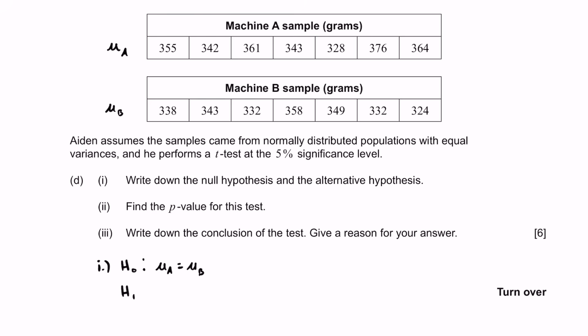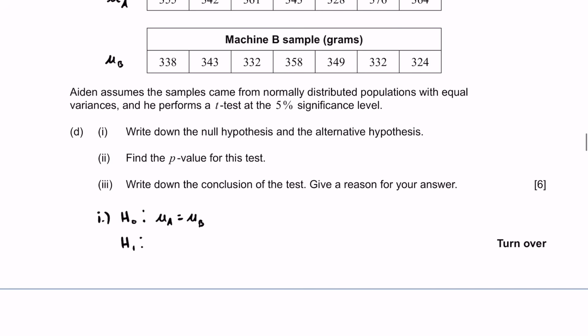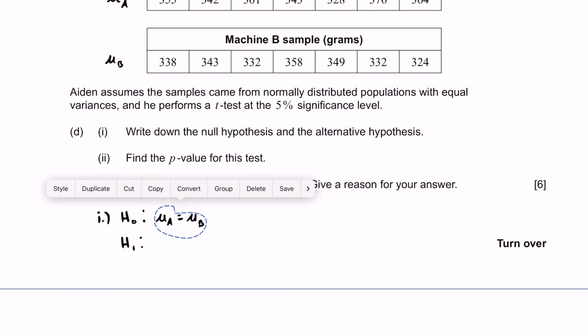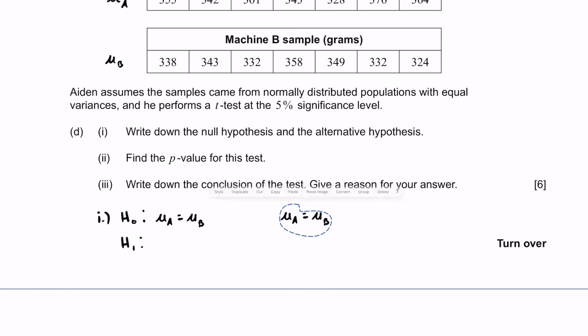Alternative hypothesis. What is our alternative hypothesis? In this case, we have a few options when we're dealing with a t-test. Maybe I'll write that here. We have a few situations that could potentially be the case.